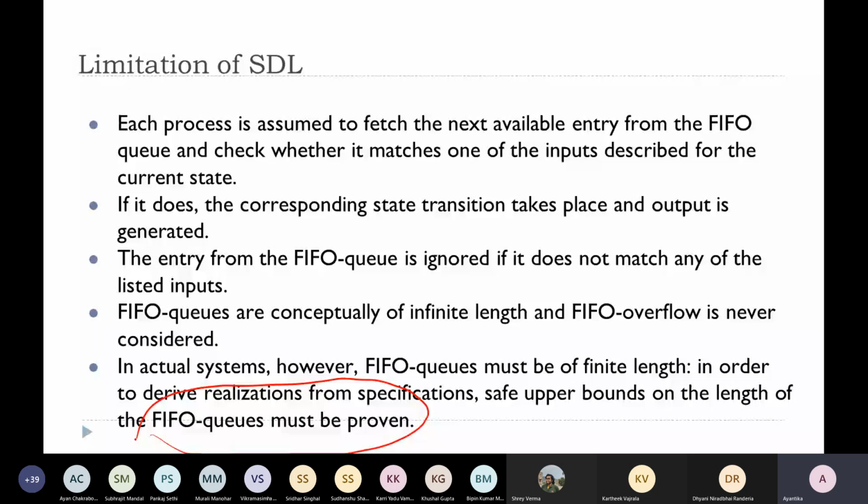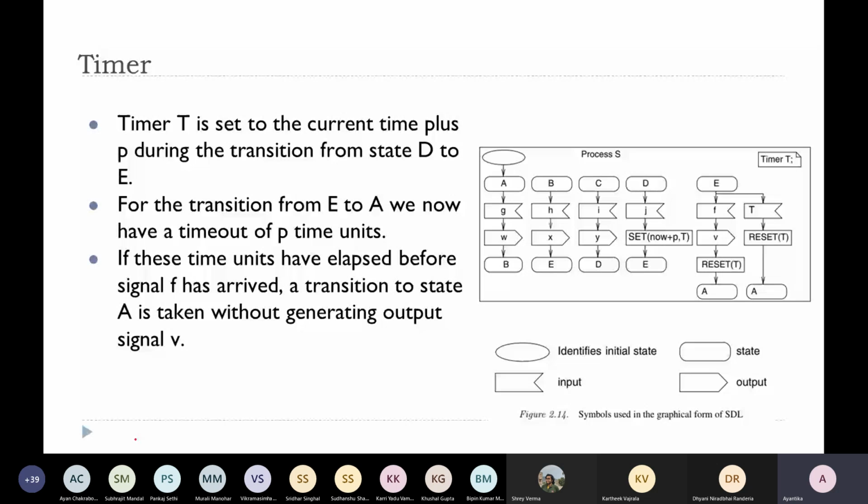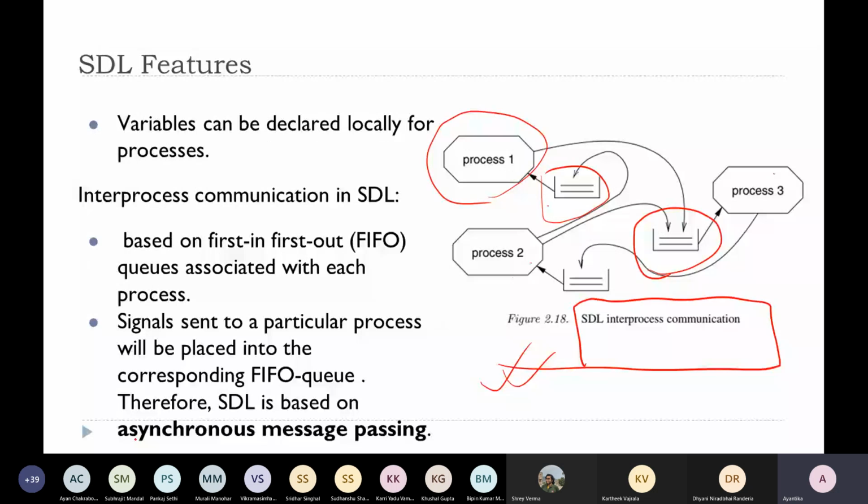The limitation is that concept-wise it is fine. Concept-wise, if you go back here, wherever any process is creating a signal, it is storing that to another queue related to a particular process, and process C is fetching from that queue.